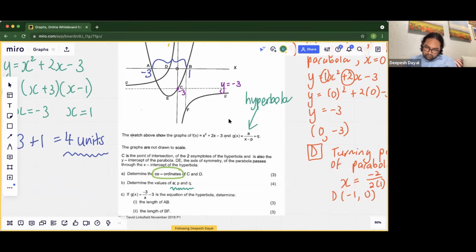The length of BF, right? Let me know if you get something. And we know B was 1. B was 1.